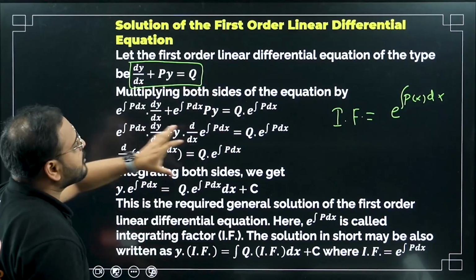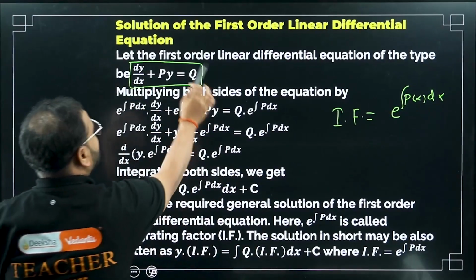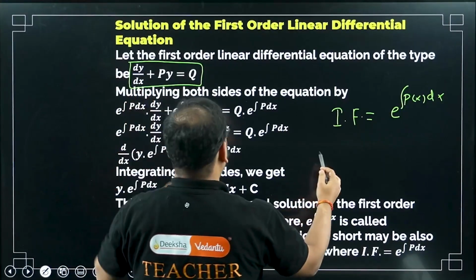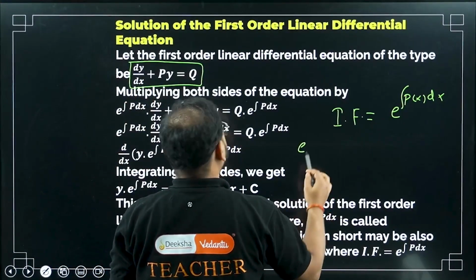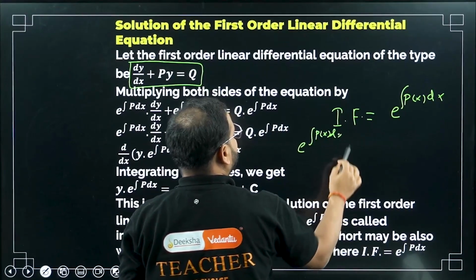Once you have this value, multiply it into this equation that you have. If you multiply, what are you going to get? You're going to get e power integral Px dx, multiplied with the whole thing.